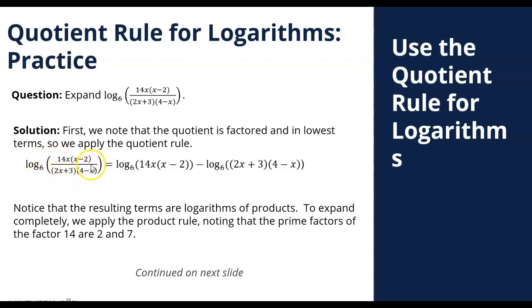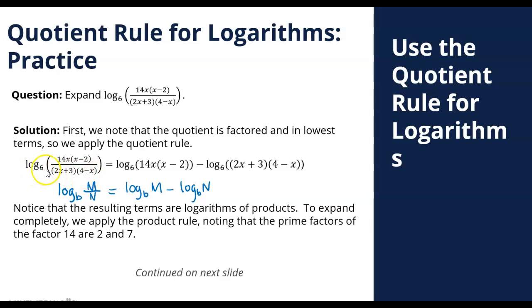Remember, the logarithm of the quotient, so logarithm of m over n base b is equal to the difference of logarithms, log of m base b minus log of n base b. That's the rule. So therefore, the logarithm of 14x times x minus 2 divided by 2x plus 3 times 4 minus x. So this is the quotient. You think of this as your m, and this is your n.